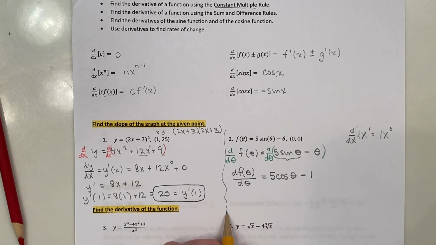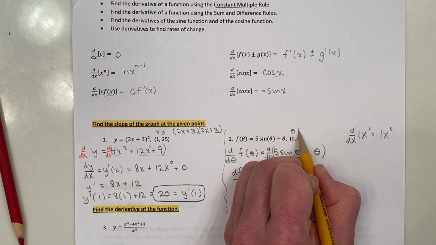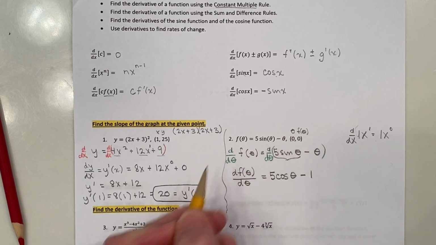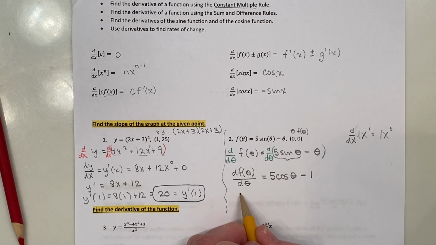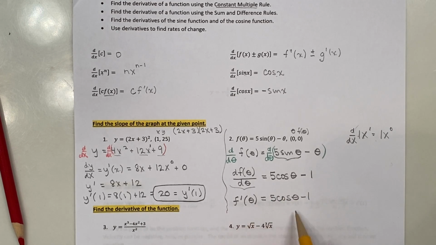Okay, now I found the derivative, but now let me plug in 0 for my theta. So this is theta, and this is f of theta. So let's plug in 0 for theta. I'm going to change this notation to its also appropriate f prime of theta. So 5 cosine theta minus 1.